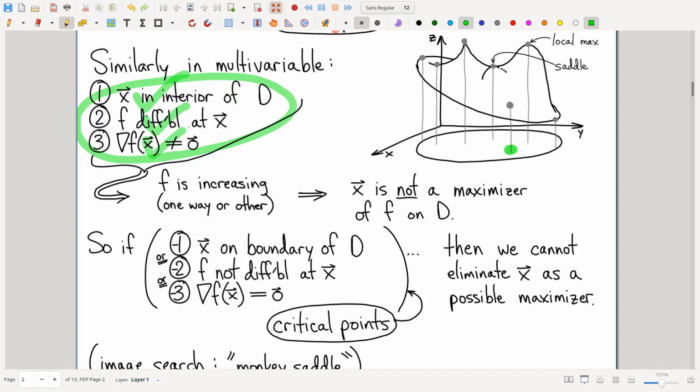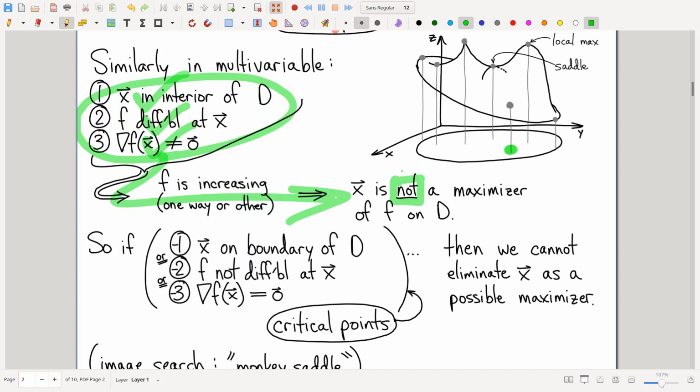If the gradient is non-zero, the gradient's pointing in the direction where the function's increasing. So if these conditions are satisfied, this can't possibly be the maximizer that I'm looking for because the function's increasing.